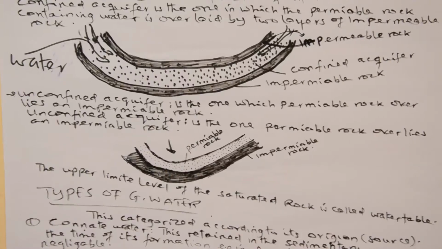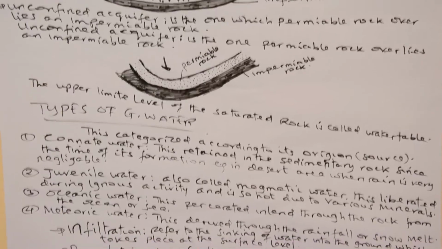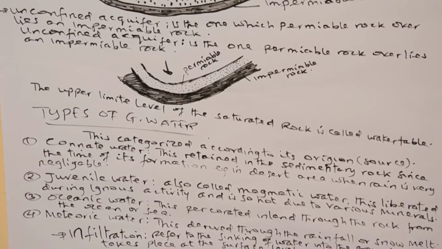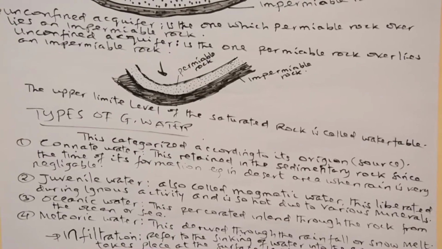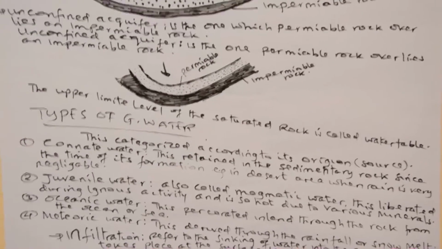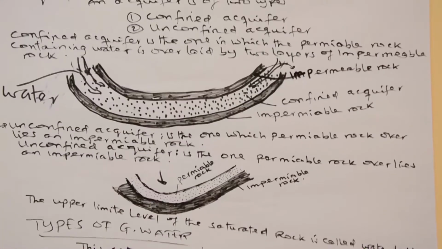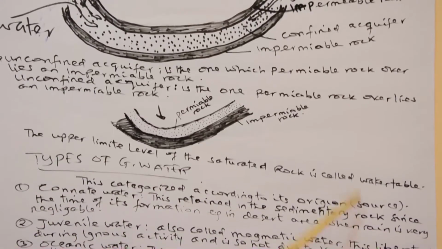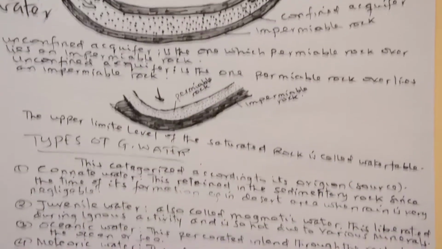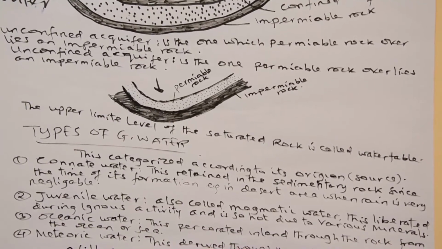Dear students, an unconfined aquifer is one where permeable rock overlies impermeable rock, like the structure shown on the whiteboard. The upper limit level of the saturated rock is called the water table. Dear students, what is the meaning of water table? This is the table which cannot allow more penetration or percolation.